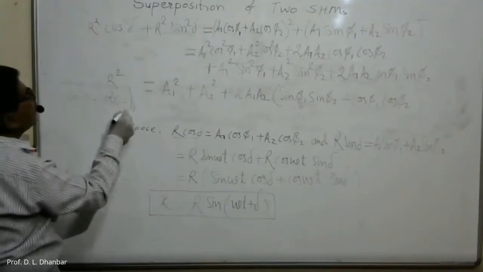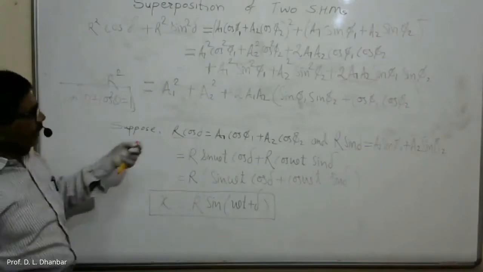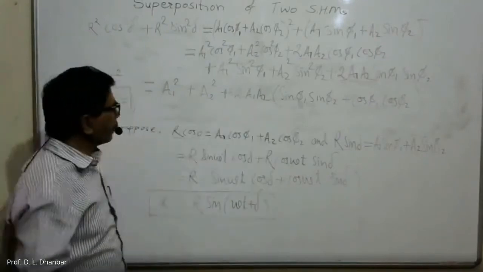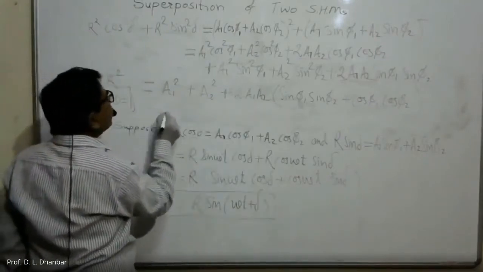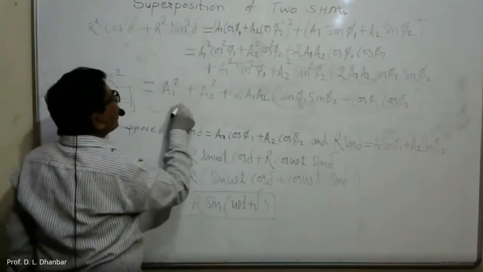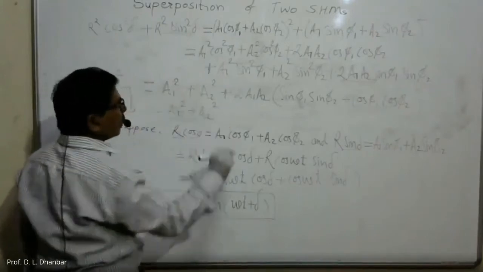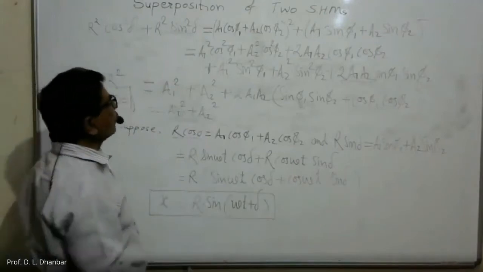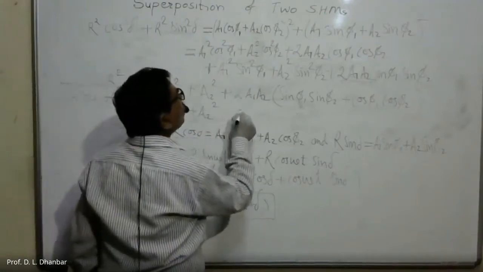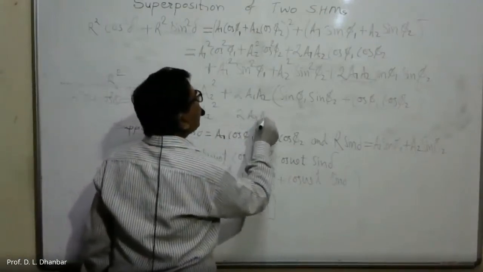So using this identity, we can get this equation. So here this is equal to A1 square plus A2 square plus 2 times A1 into A2.